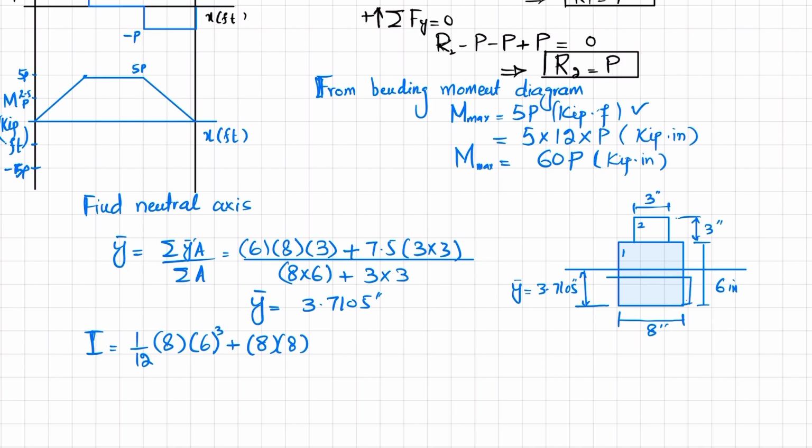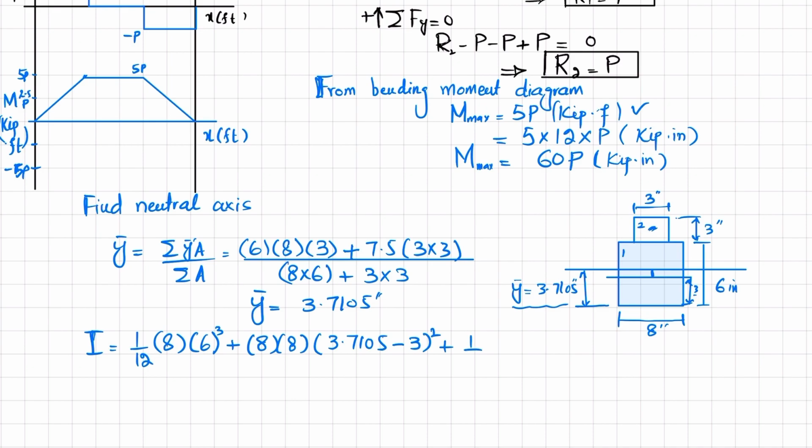So we are left with this distance, and this distance is d, which is equal to y dash minus 3. So y dash is 3.7105 minus 3, squared, because it is A d square.